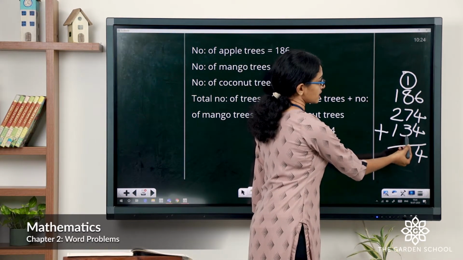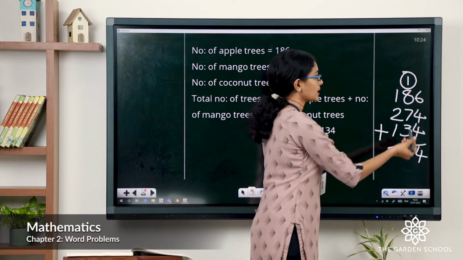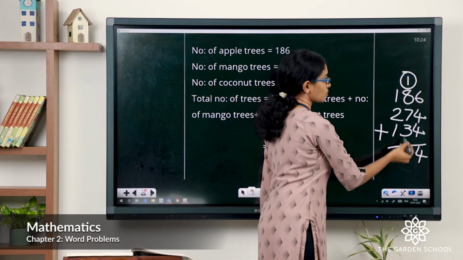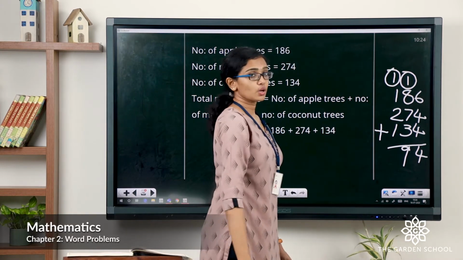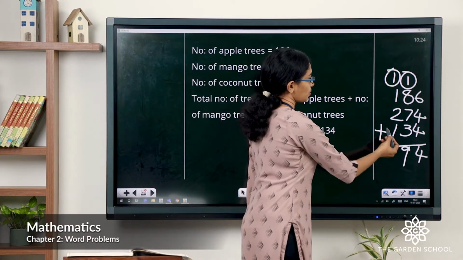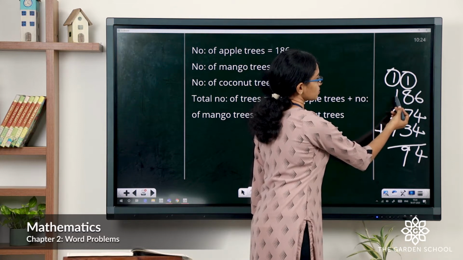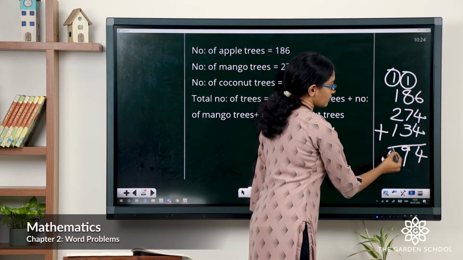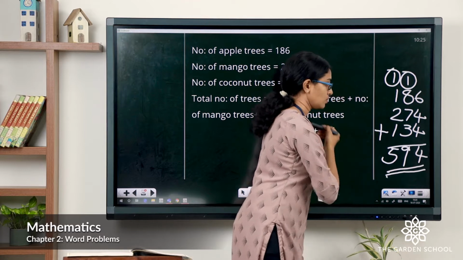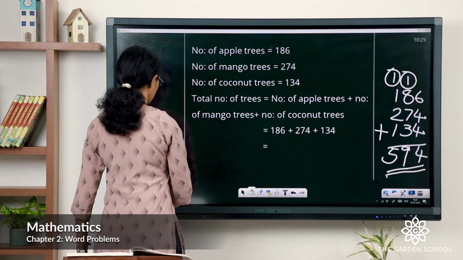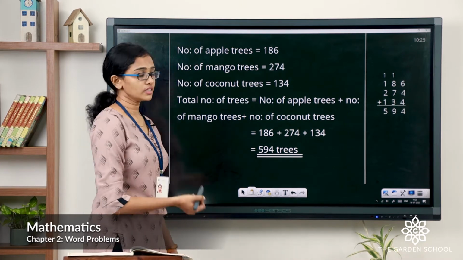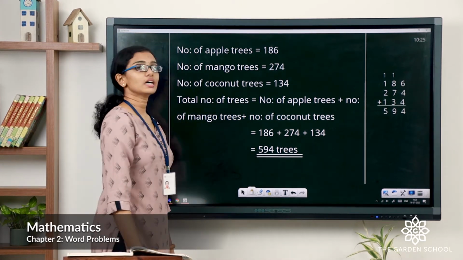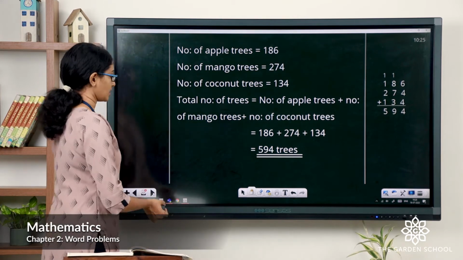So here 3 plus 7, it is 10 plus 8, 18 plus 1, it's 19, plus the carryover 1 to the hundreds place. 1 plus 2, 3 plus 1, 4 plus 1, 5. So, what is the answer here? 594. So, the total number of trees in the orchard equal to 594 trees.